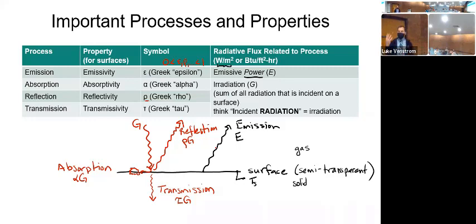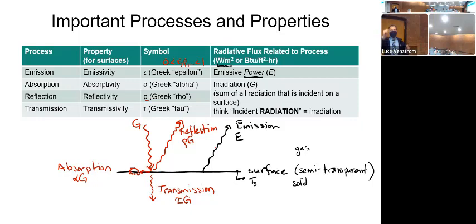It makes sense what these four processes are. Emission is the creation of photons. Photons come out because of emission. Absorption is the destruction of photons. The photons are turned back into the thermal energy of the matter. In reflection and transmission, the photons keep on going.